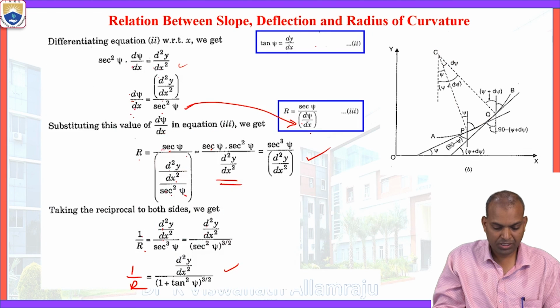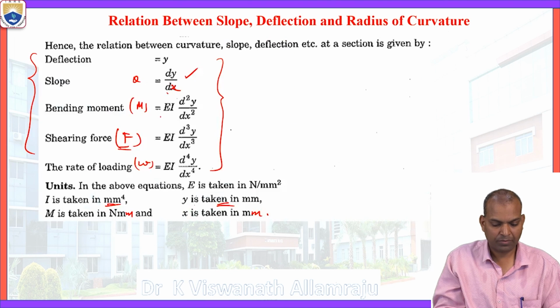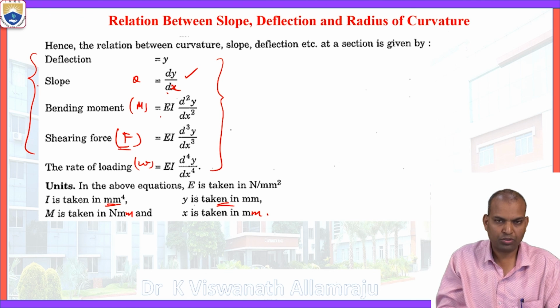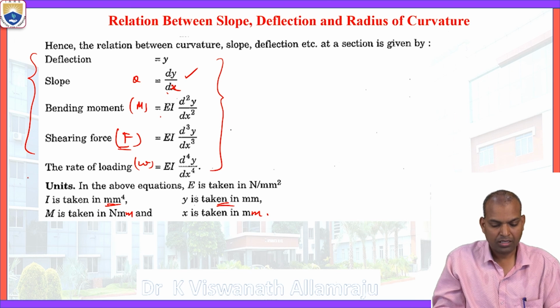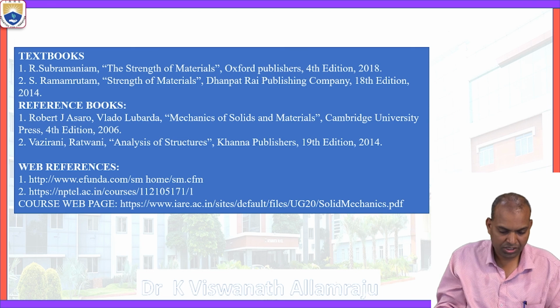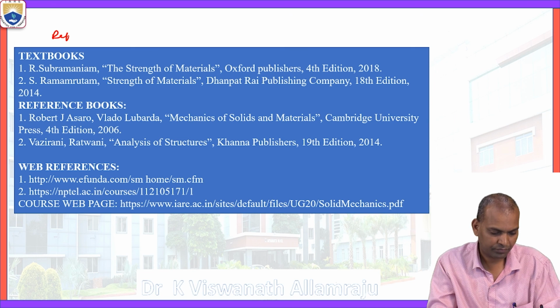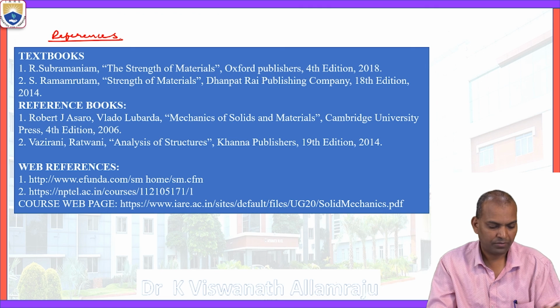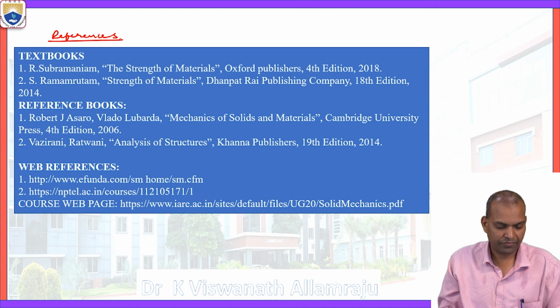This is the summary slide: deflection y, slope theta, bending moment, shear force, and rate of loading we have studied in this session. And these are the references we have followed, textbooks and web references.